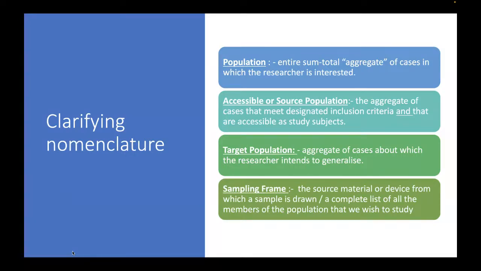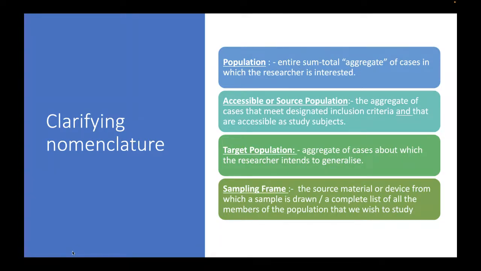But now that you know what the target group is, there may in that group be people who meet the criteria, but they are not reachable. So they're inaccessible, but there are those that meet the criteria and can be vouched and verified as being accessible. So they become your accessible or source population.